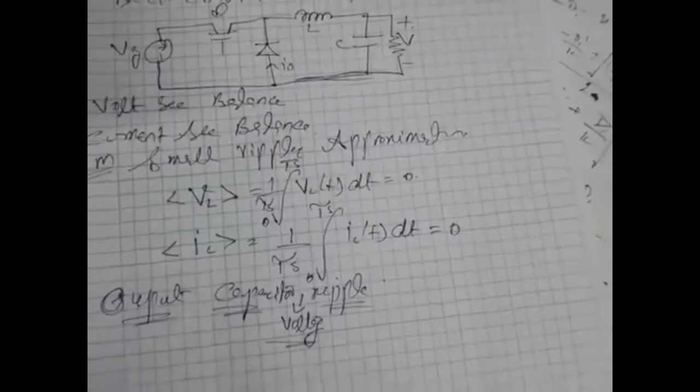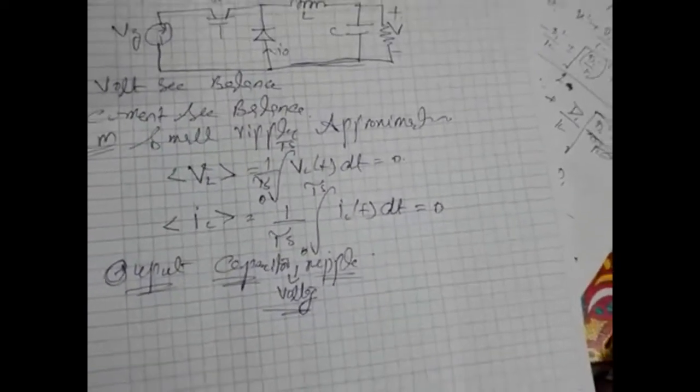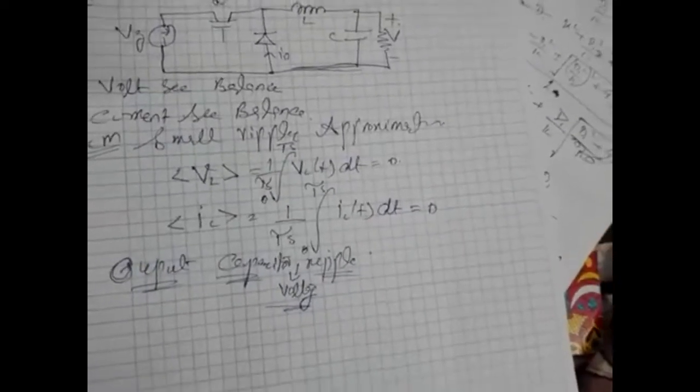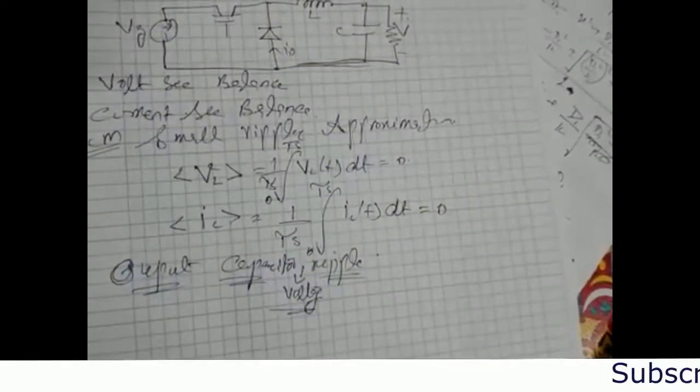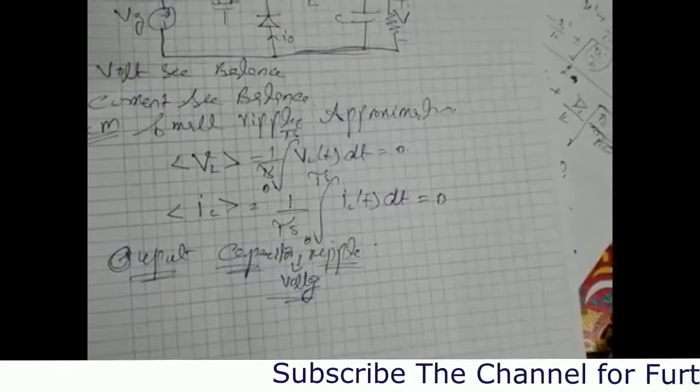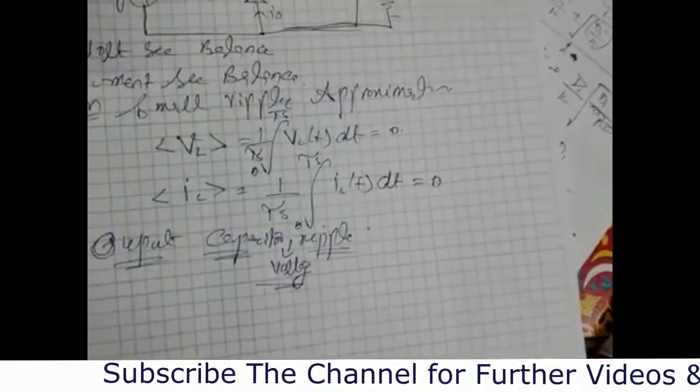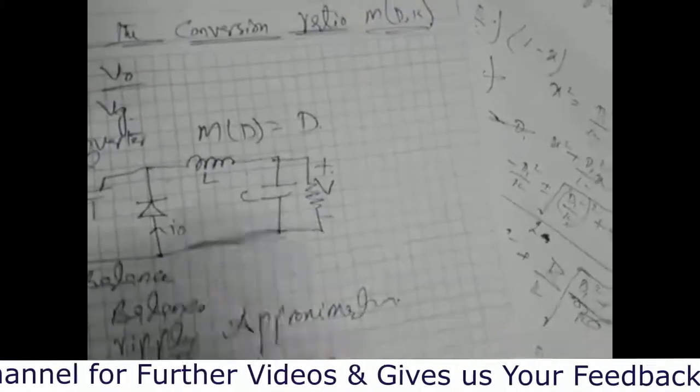So now the DC current in the capacitor is equal to 0, so the voltage at the output must be equal to the capacitor voltage, and the capacitor voltage and resistor voltage are equal.